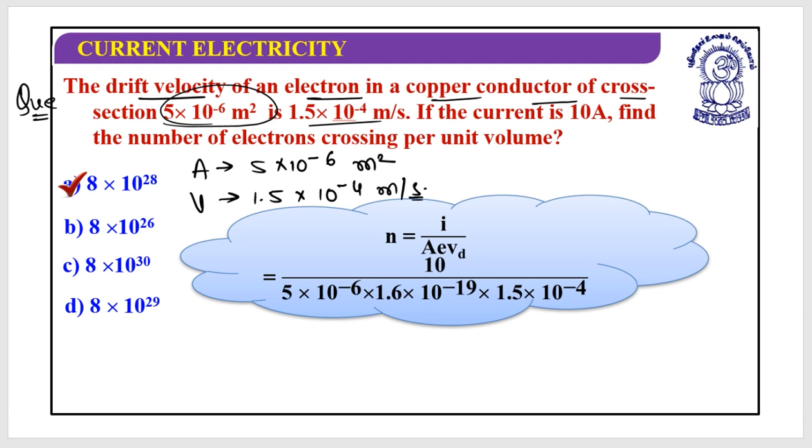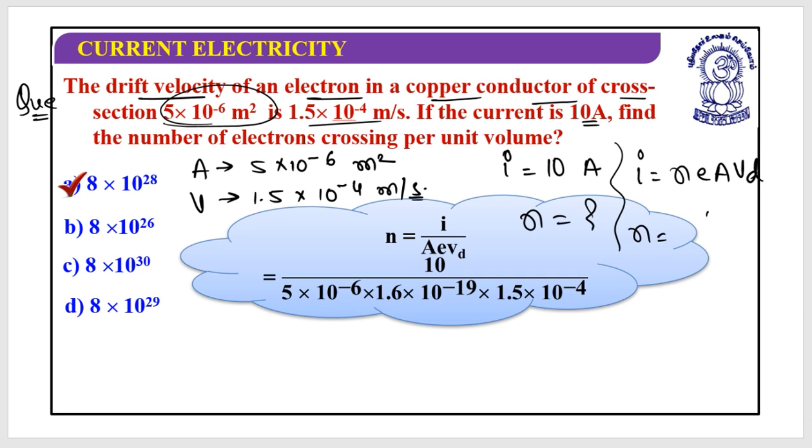If the current is 10 ampere, that means I equals 10 ampere, find the number of electrons crossing. N is required. So I have the relation I equals N into E into A into VD. So N equals I divided by E into A into VD. Yes, I hope these things are clear. I have replaced the values, and if you solve this, it would be 8 into 10 to the power 28 electrons.